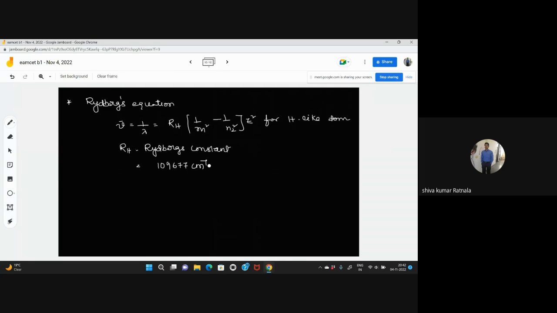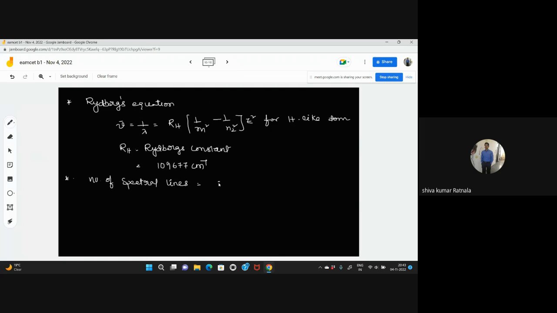And next one, to calculate the total number of spectral lines. The formula for total number of spectral lines: any idea?